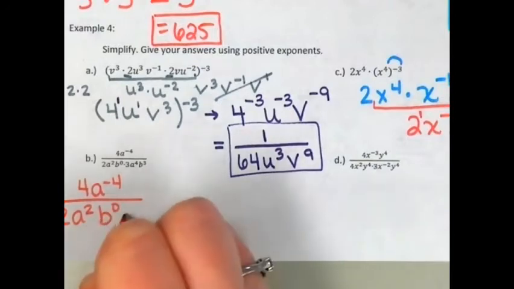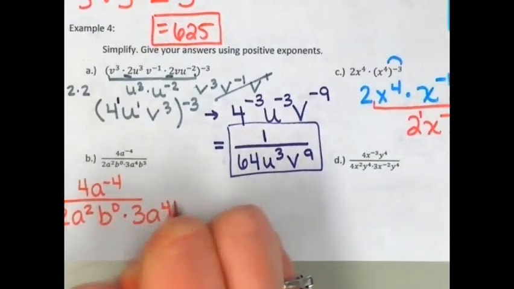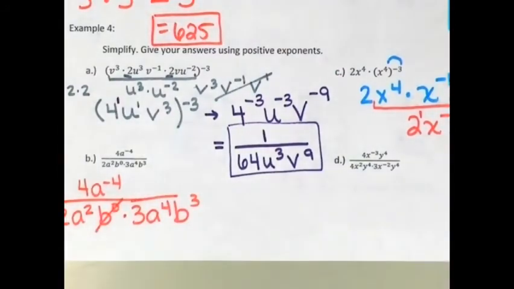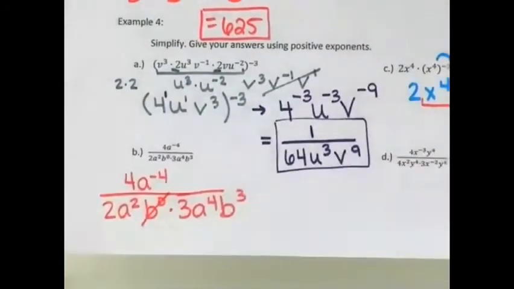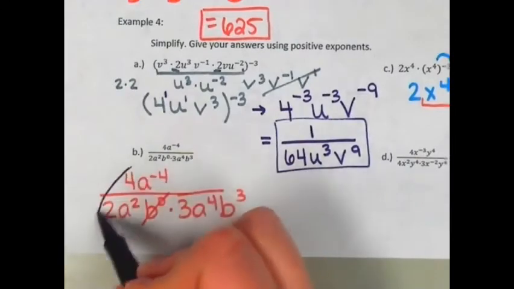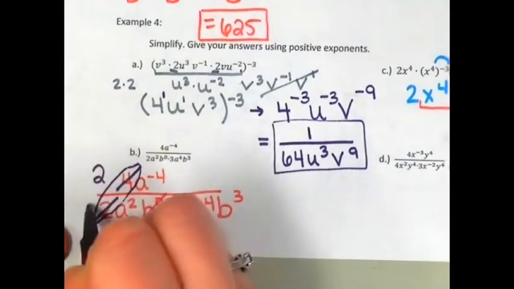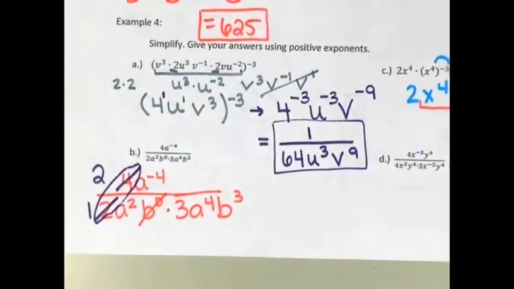So I'm just rewriting this for a second. The power of the 0 is 1, so it just cancels out automatically, right? Now, is there anything else I can simplify right off the bat? The 4 and the 2, right? What does 4 over 2 simplify to? 2 over 1. Is everyone okay with that?